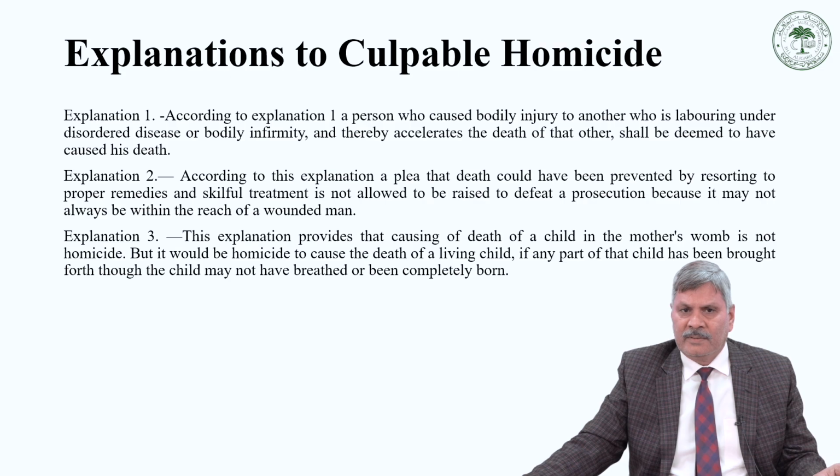But one of the elements of culpable homicide as contained in section 100 must be present. That is, if the bodily injury so inflicted was not with such intention or knowledge as required in section 100, the offence is not culpable homicide.